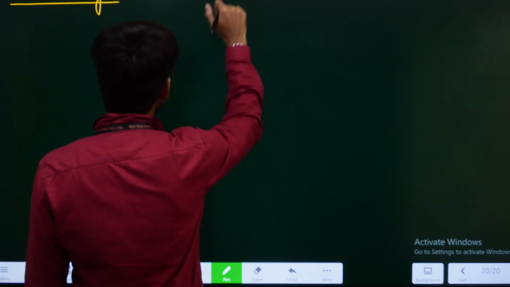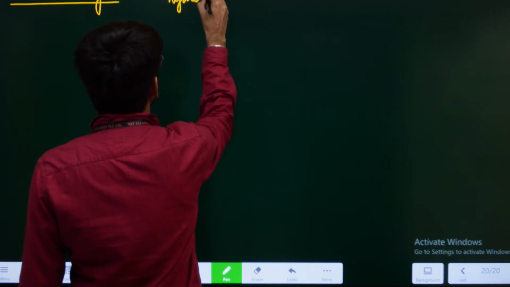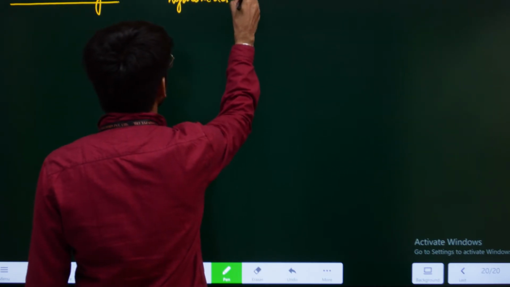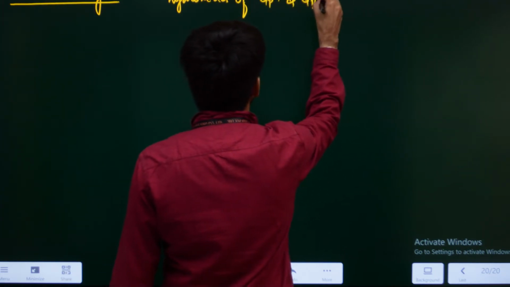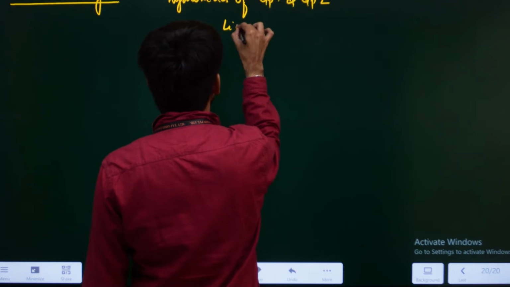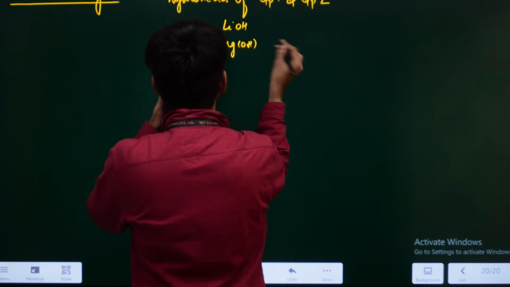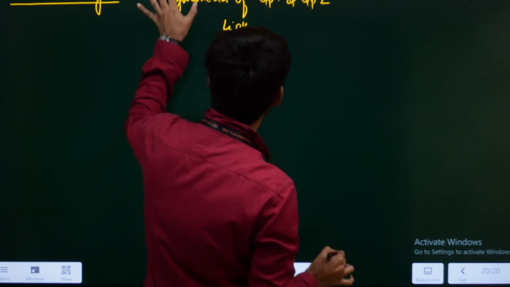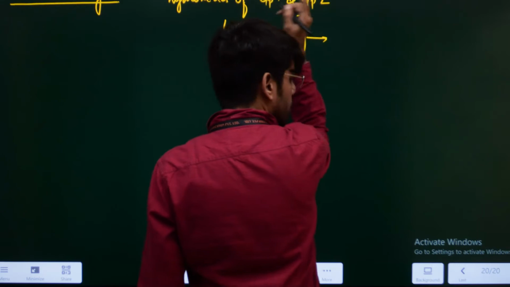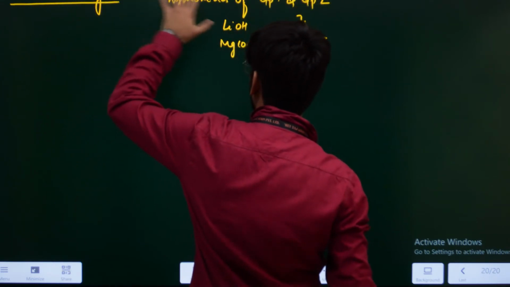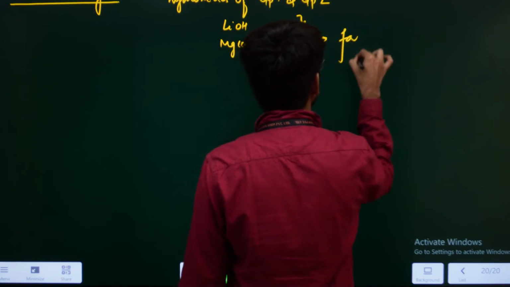The trick is that whenever you have hydroxides of group 1 and group 2, like LiOH, Mg(OH)2, you will arrange the hydroxides in the order of solubility using Fajan's rule.